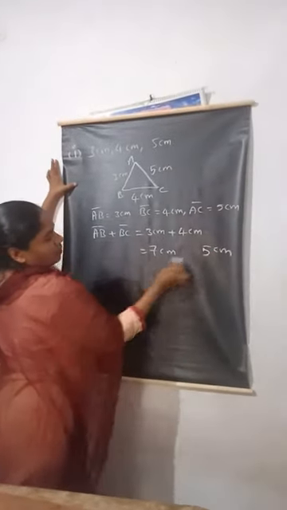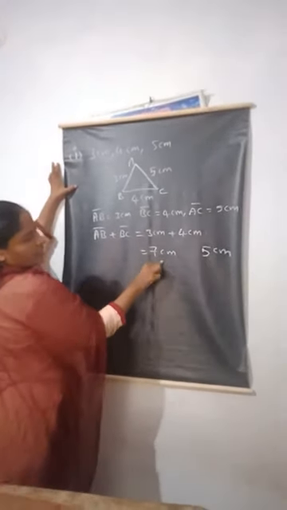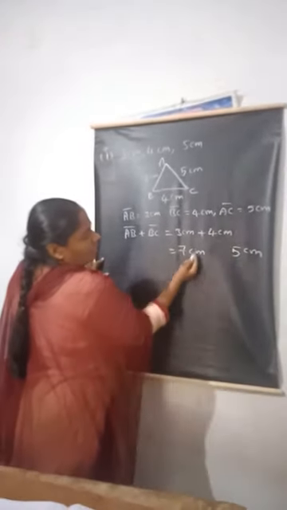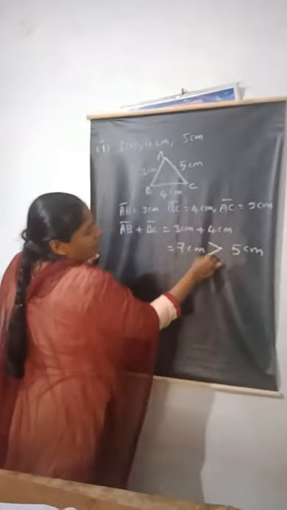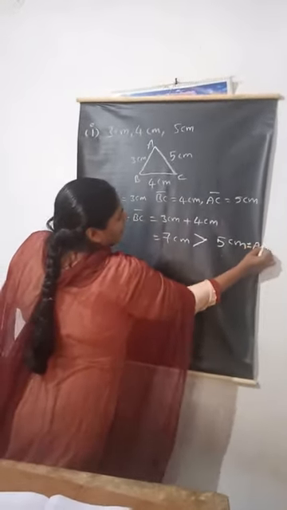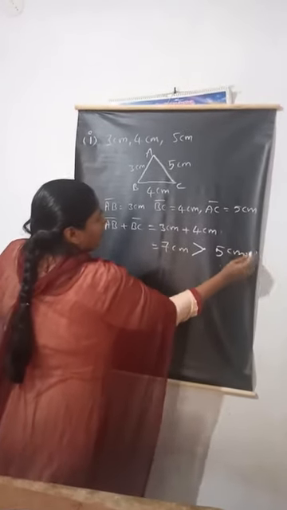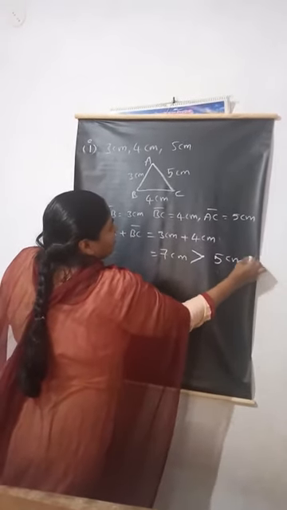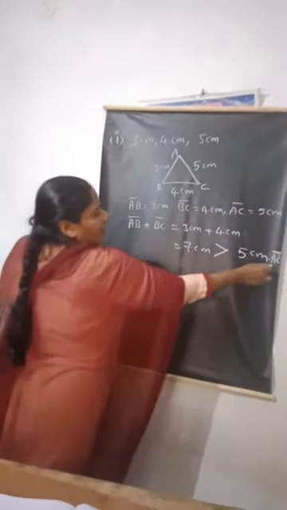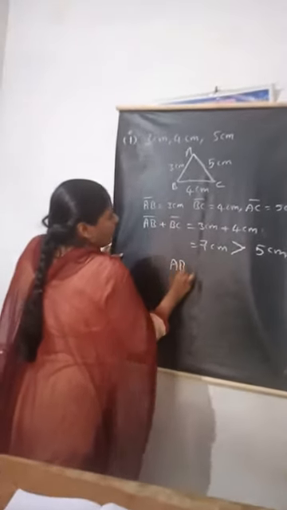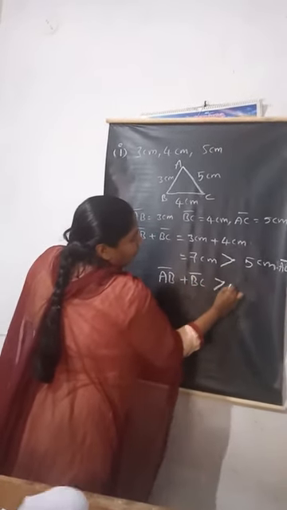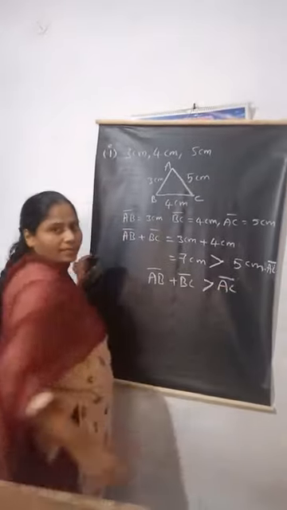What is the relation between these two? This is 7 centimeters, this is 5 centimeters. Greater than. AB plus BC is always greater than AC.